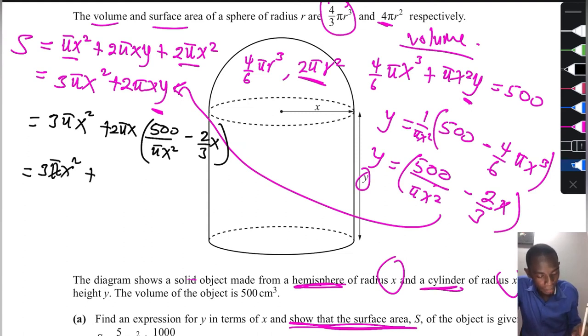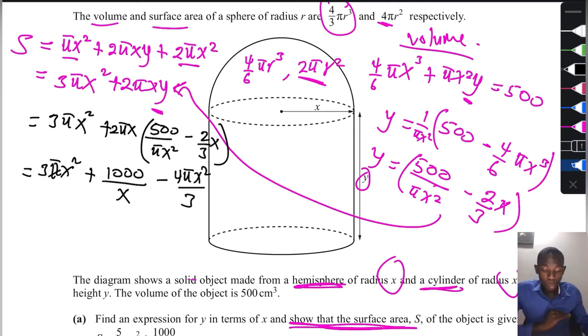Pi x squared plus 1000 over x minus, then 2 pi x times that should give us 4 pi x squared over 3.